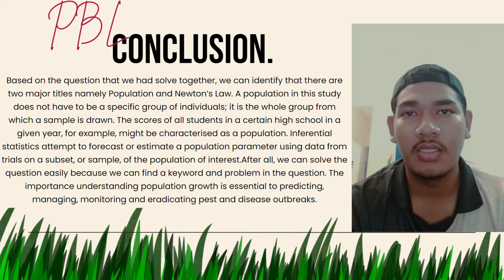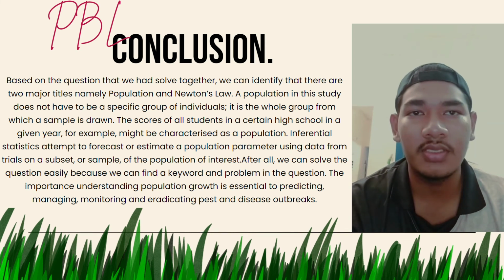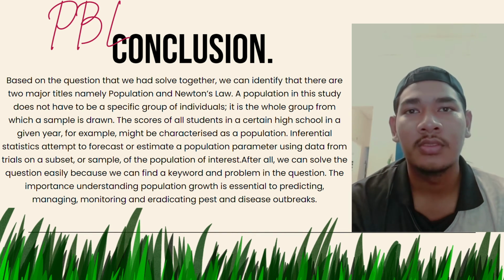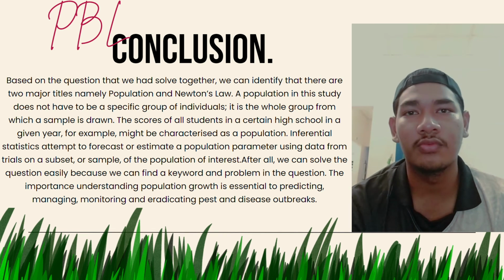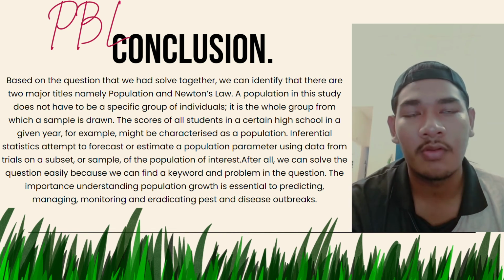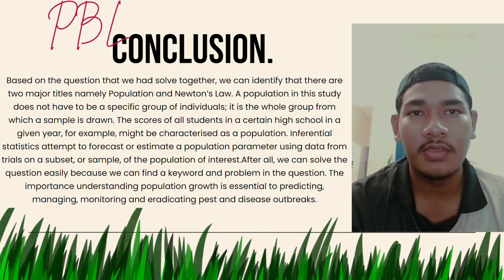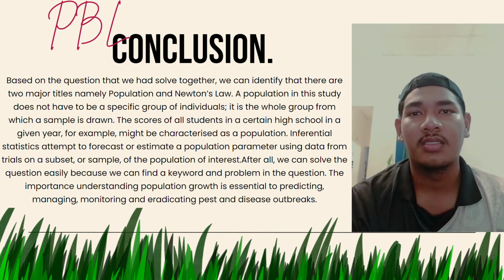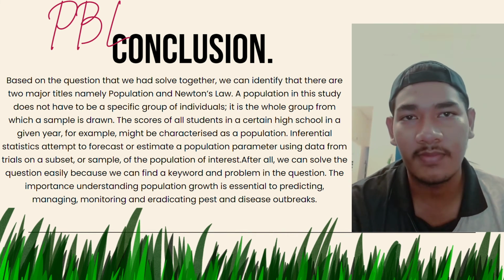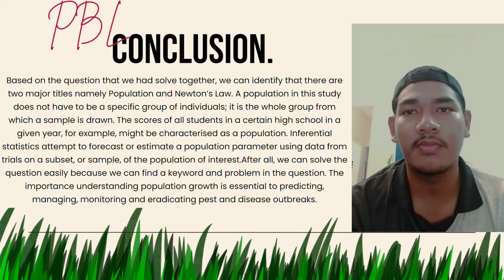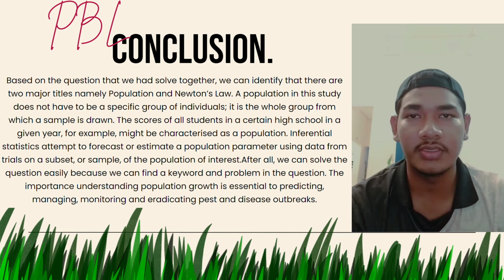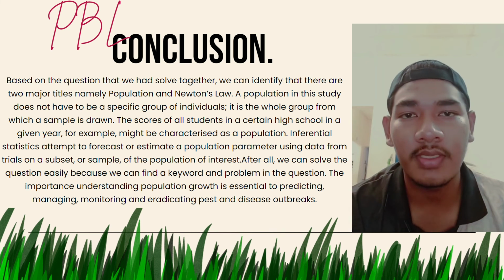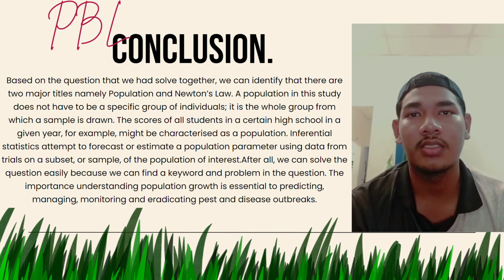For the second question, the question indicates that we need to find the time required for the solution to cool from 32 Celsius to 25 Celsius. From the problem statement in the question, we can identify that it is Newton's law of cooling. So we can solve the problem by using a differential equation. After all, we can solve the question easily because we can find a keyword and problem in the question.